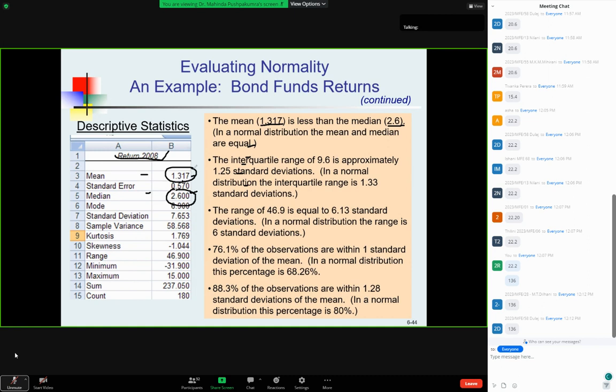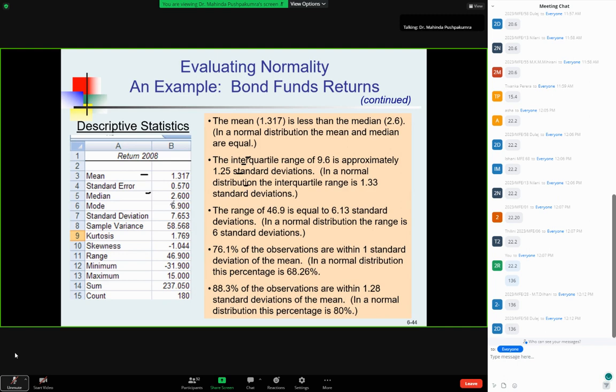Then what would be the shape of this distribution? Mean is less than the median. Then it is not a normal distribution. But you can say the shape of the distribution. What would be the shape? Now mean is less than median.